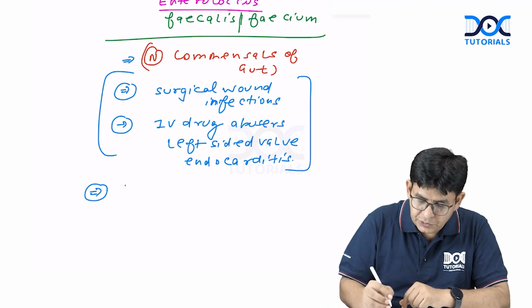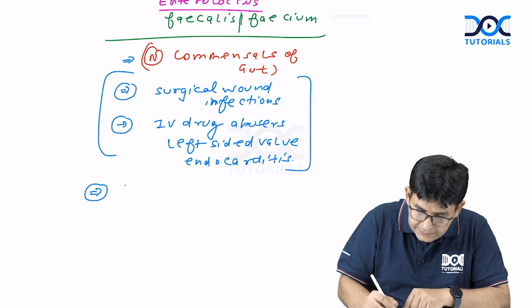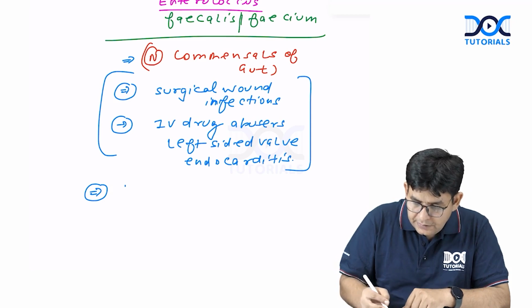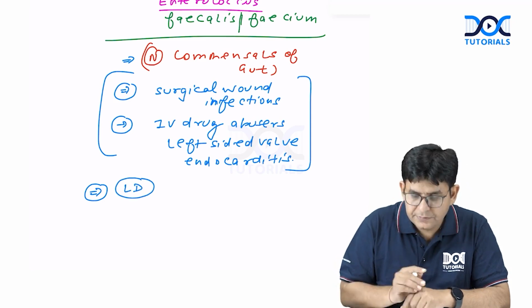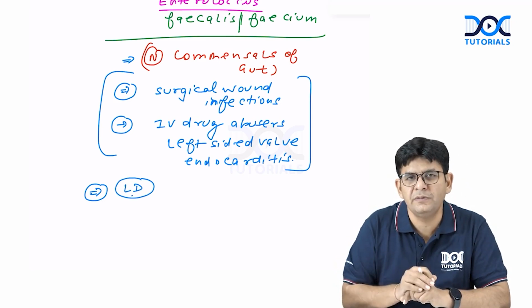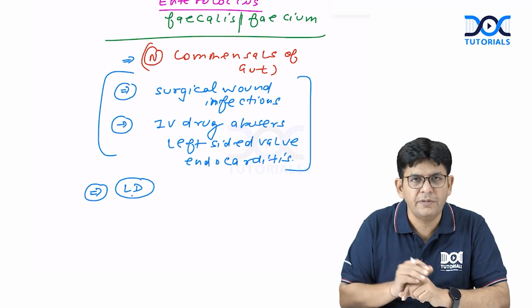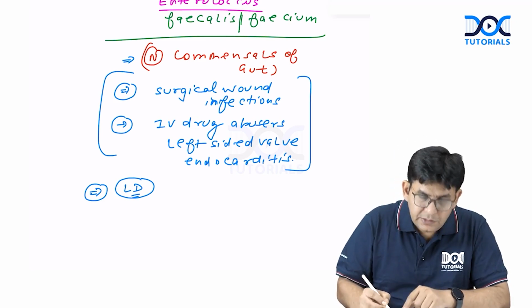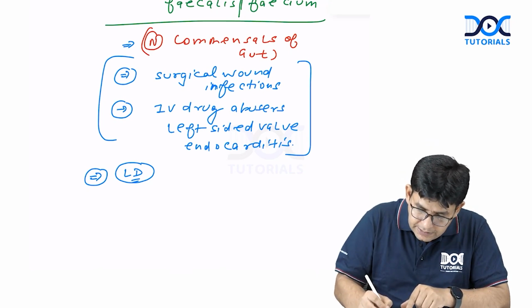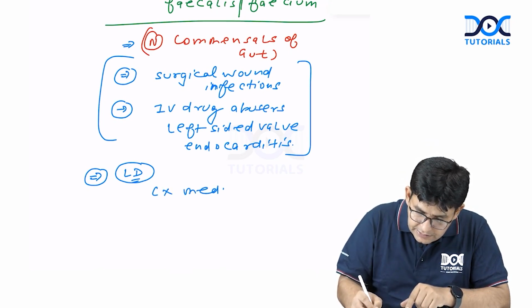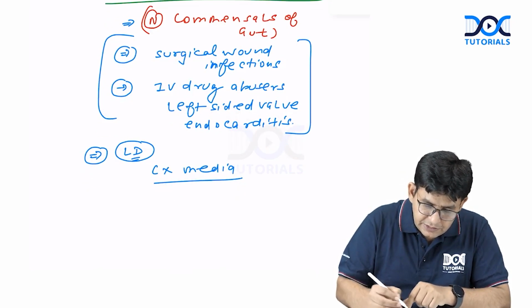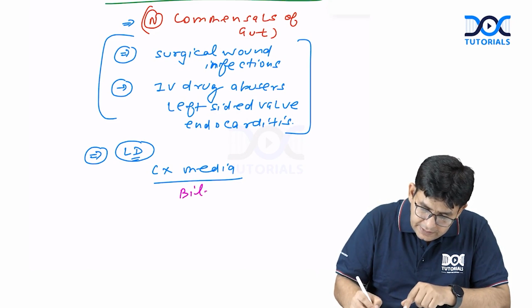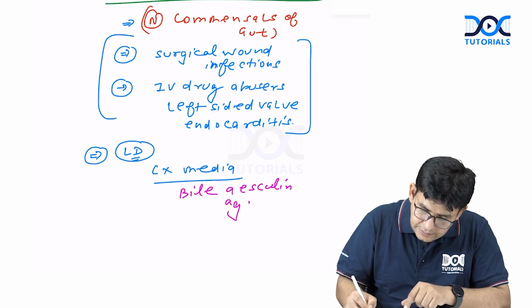Besides this, you should know that in the lab diagnosis, suppose from the surgical wound infections you have taken the pus, from this you have gone for the blood culture and all. So in the lab diagnosis, remember the culture media for this is an asked question, and the culture media is bile esculin agar.